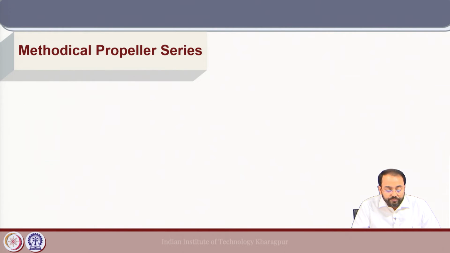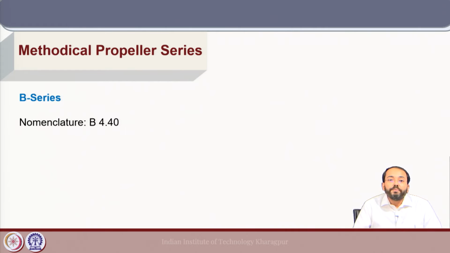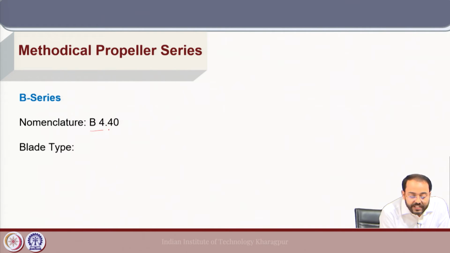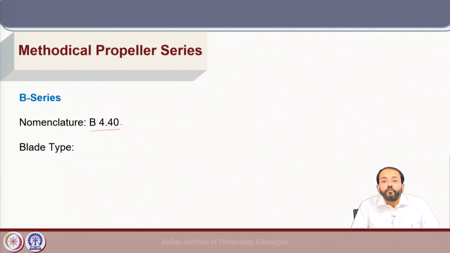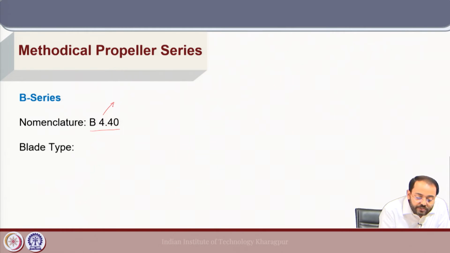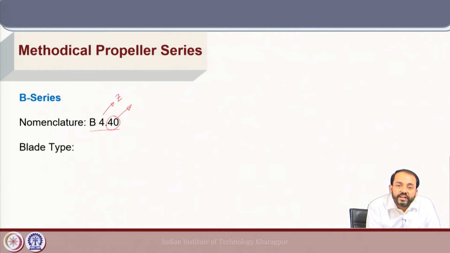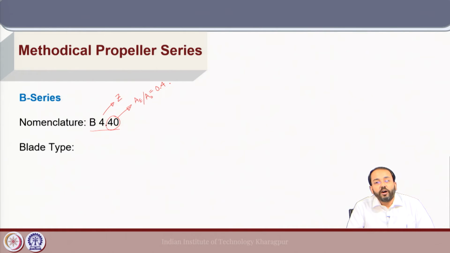Now, for B series, a typical nomenclature is like this, B4-40, where 4, the first digit, corresponds to the number of blades Z, and the second one, 40 divided by 100, gives the AE by A0, the expanded blade area ratio, that will be 0.4. Okay. This is how B series propeller nomenclature is done.